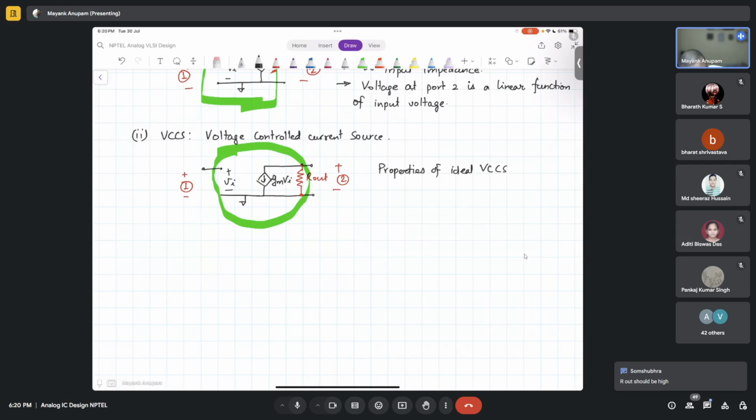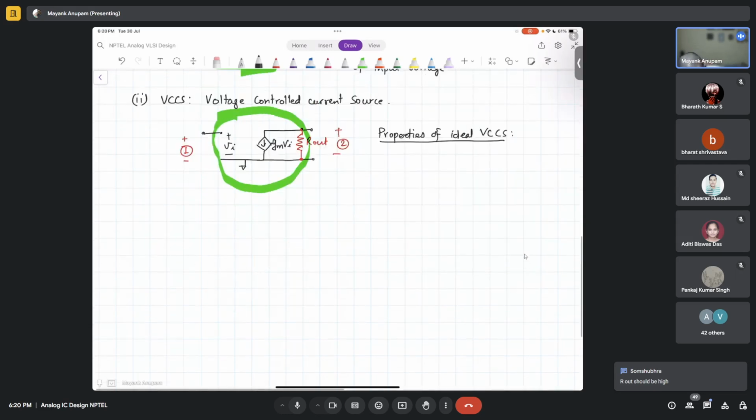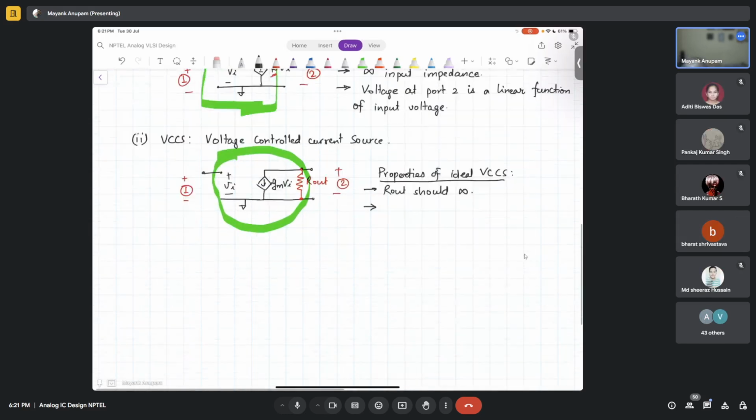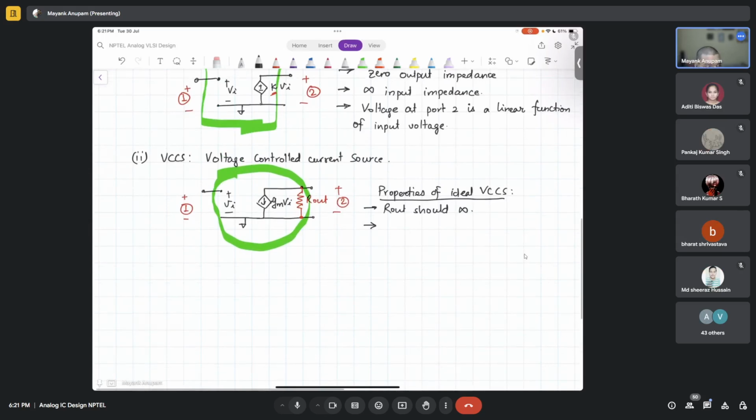You can unmute yourself and say it, it's not a problem. Yes. So the first one is R out. I asked about an ideal VCCS, so in this case R out should be infinity. Another one should be what? What about the input impedance again?